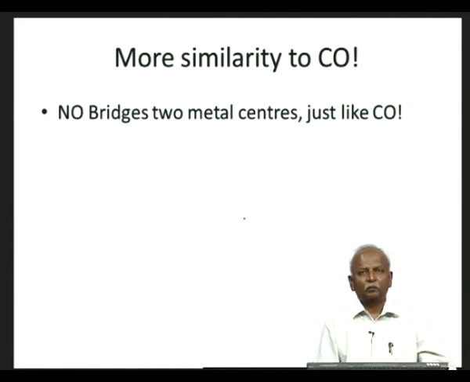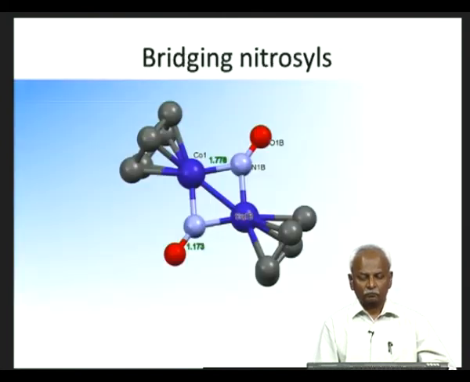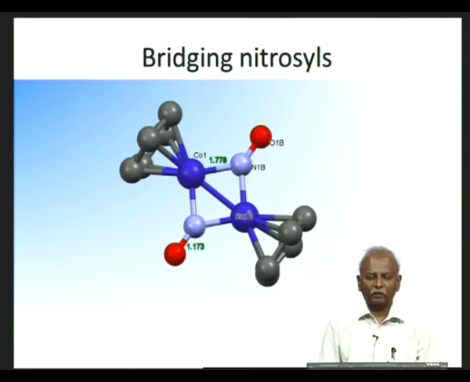The similarity to carbon monoxide does not end with the bond distances. It is also very similar in chemistry. So, nitric oxide bridges two metal centers just like carbon monoxide. Now, we notice that carbon monoxide has got a great tendency to bridge two metal centers, and although the number of examples where nitric oxide is bridging two metal centers is less, nevertheless you do have quite a number of examples where nitric oxide behaves just like carbon monoxide.